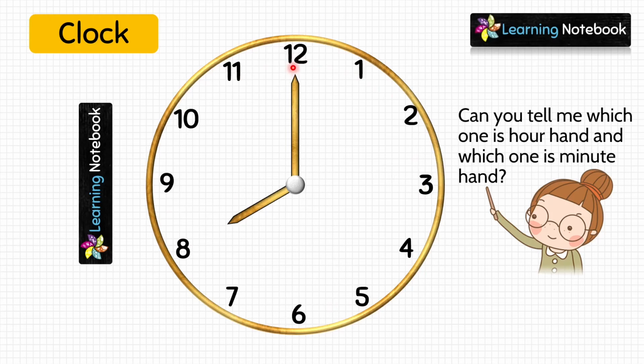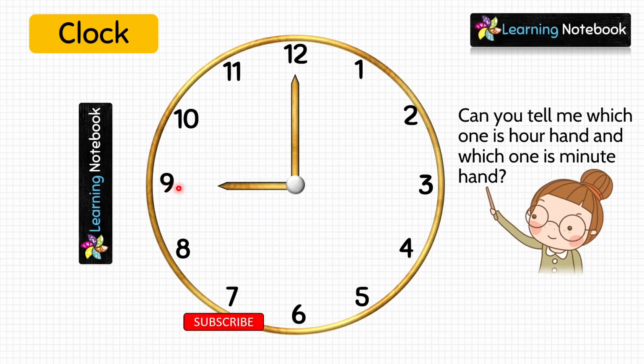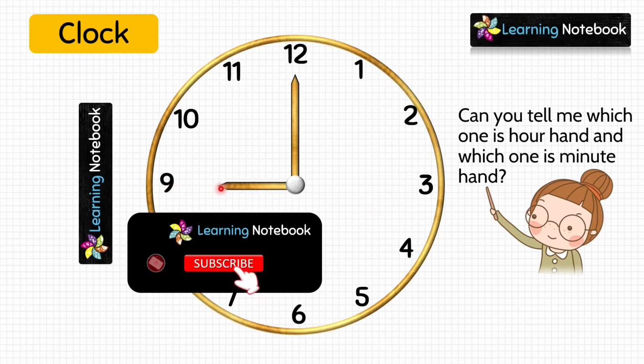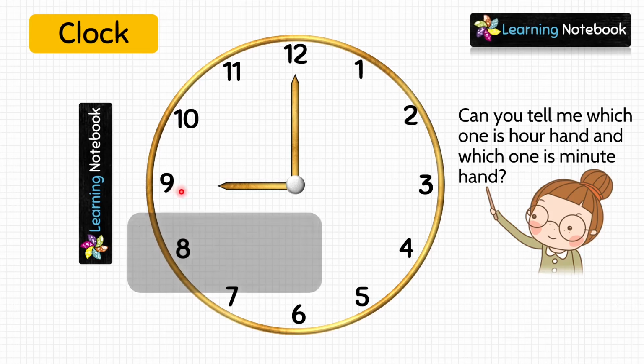So the hour hand takes 1 hour to move from one number to the next number on the clock. For example, as you can see here, the hour hand has taken 1 hour to move from number 8 to 9.